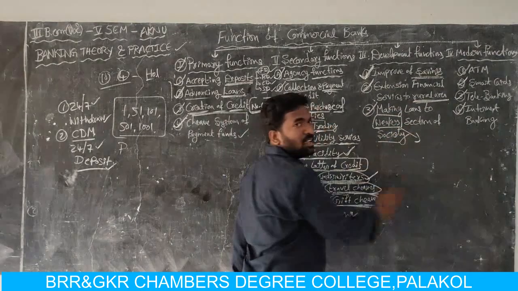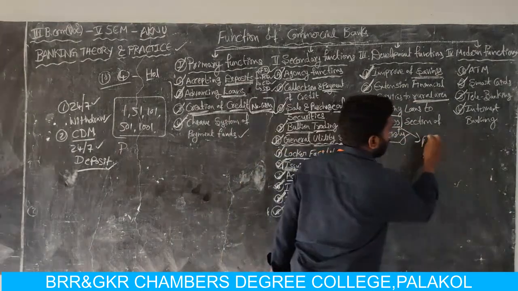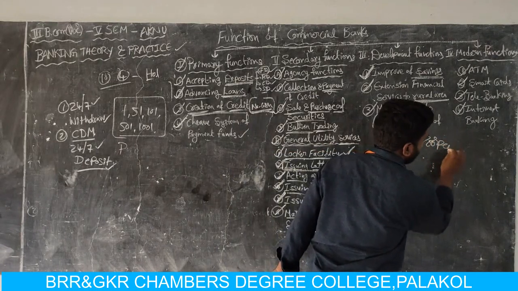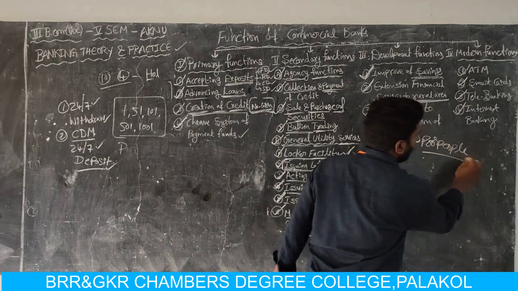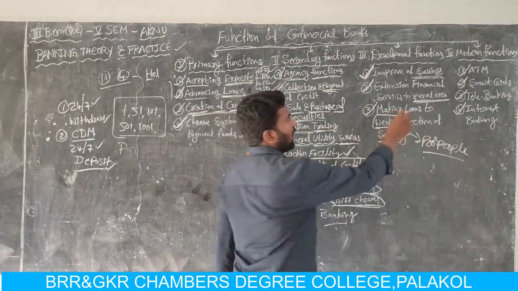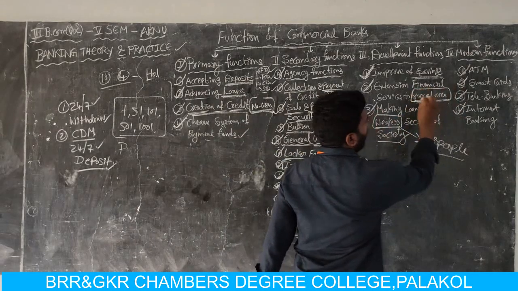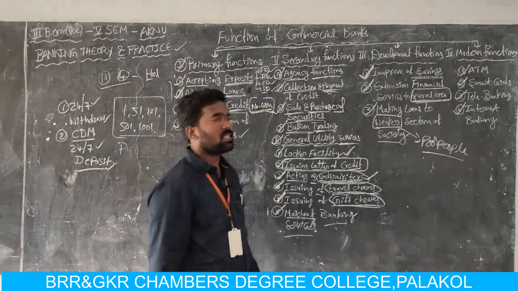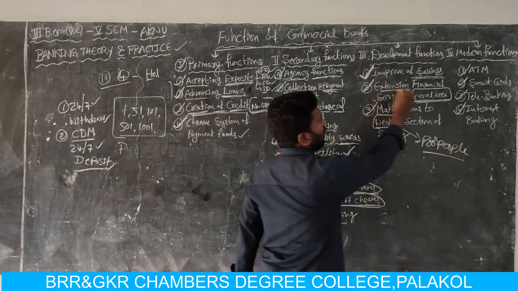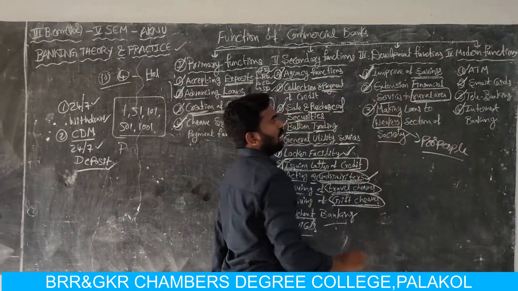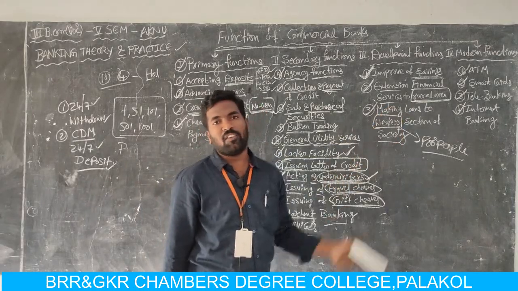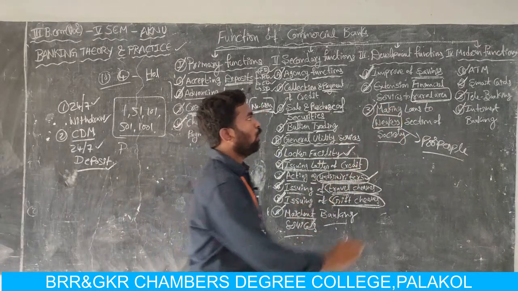Weaker section means poor people in society, cities or towns. Rural areas are developing areas, that's why financial services are extended in rural areas compared with cities. The rural area rate of interest is very low.